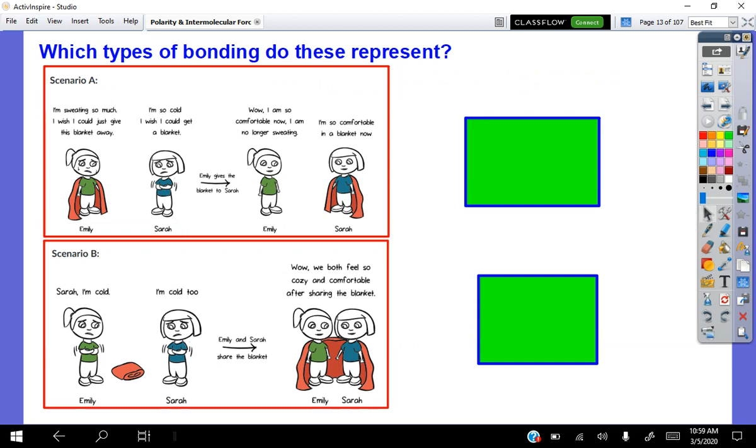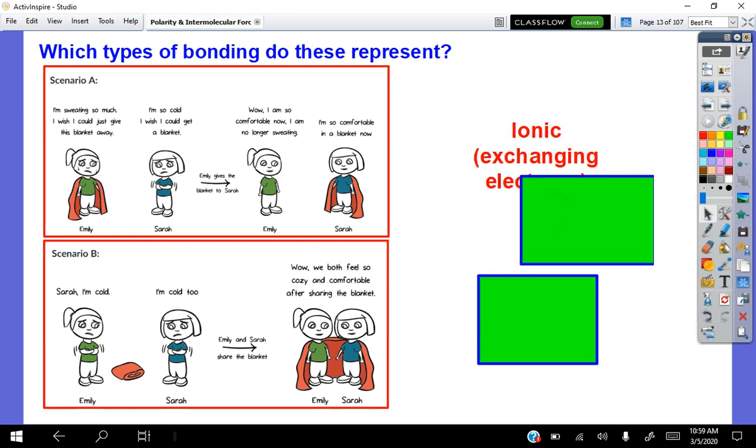So first we have to recap our different types of bonding. So here we have Emily and Sarah and the wonderful blanket of warmth. Emily has a blanket, but she's too hot, so she wants to get rid of her blanket. So she gives it away to Sarah. If we're reviewing our types of bonding, we could say that that is a donation or a transfer.